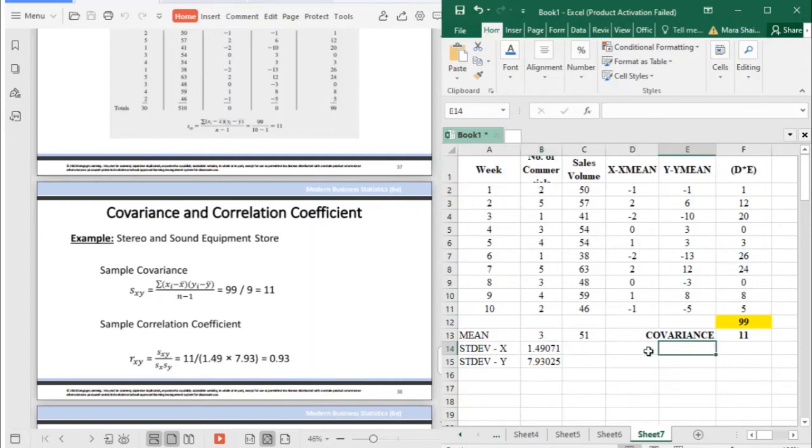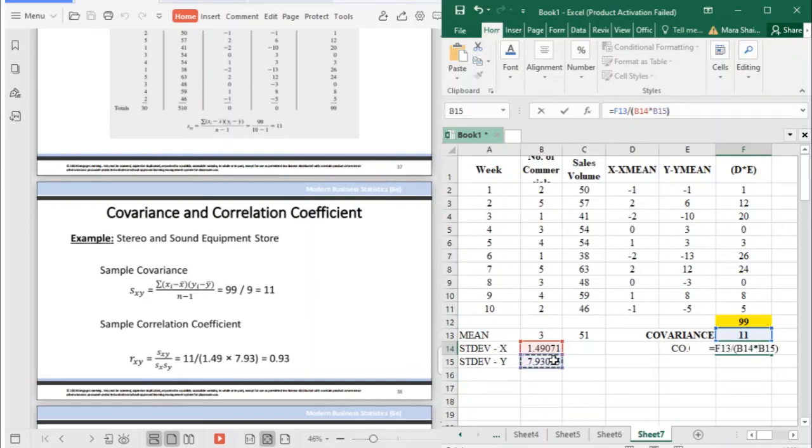Now for the correlation, let's just name it COCO. Correlation coefficient. Let's just say COCO. Correlation coefficient is again your covariance divided by the product of your standard deviations for X and Y. Let's place it in a parenthesis.